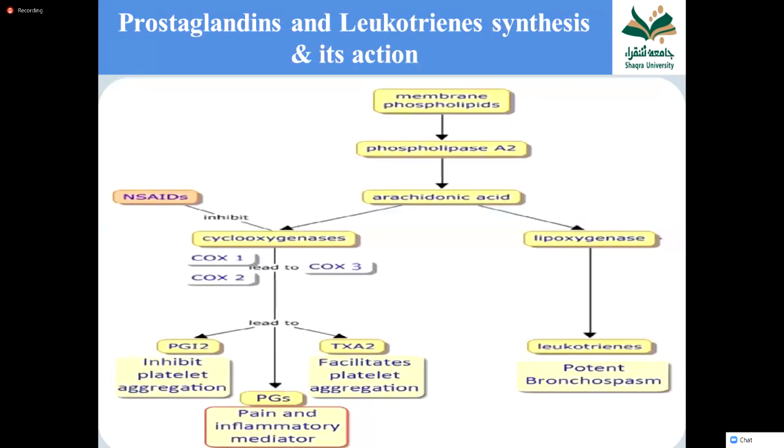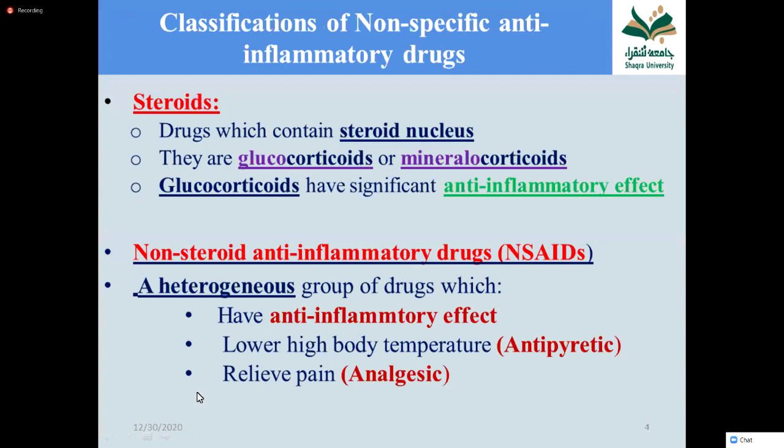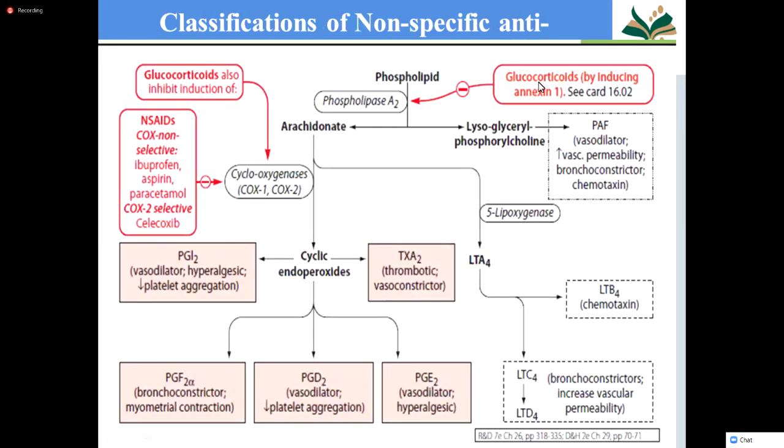As I said in this slide, you can either inhibit cyclooxygenase to prevent the formation of prostaglandins or inhibit phospholipase. So let's see what happens. If you are using glucocorticoids, it inhibits phospholipase A2 by producing annexin 1, which is also called lipocortin. This we will discuss in a coming slide in detail.